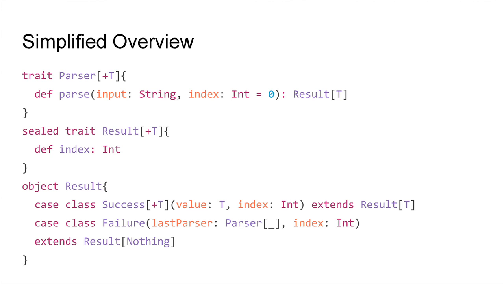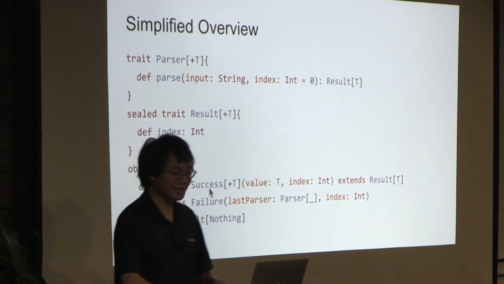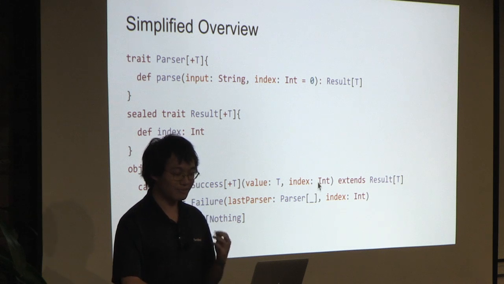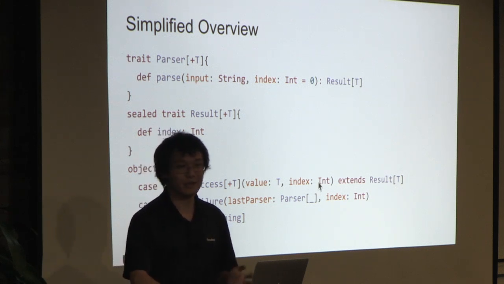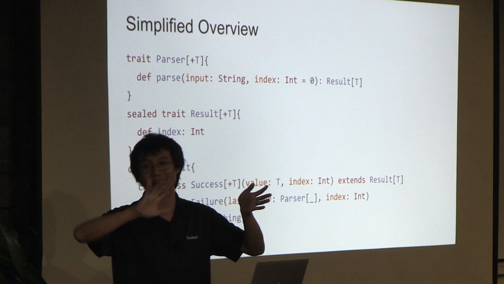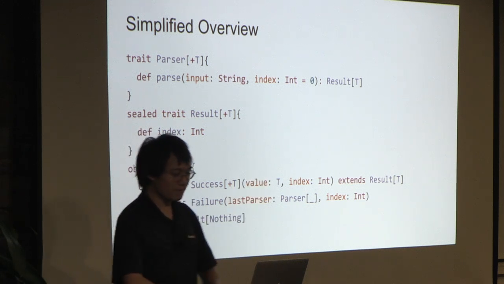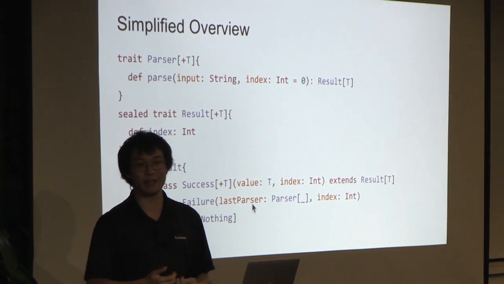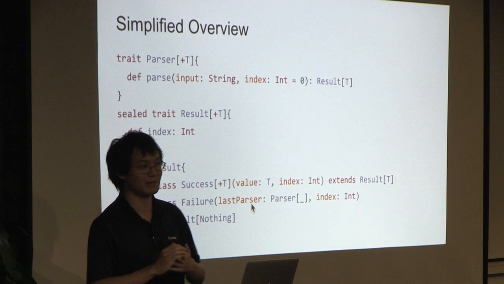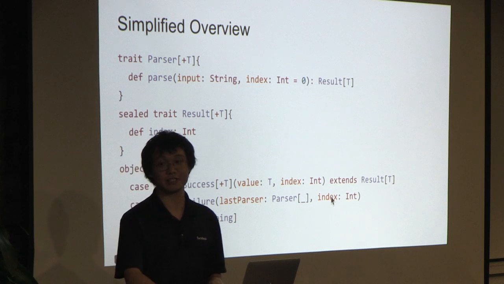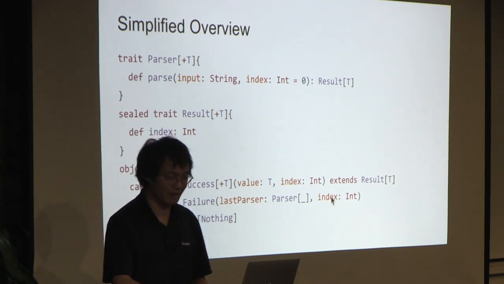It returns a result, which is either a successful parse with a value and the index at which it succeeded. You can do a partial parse. So for example, you can parse the first 20 characters of a string without having to go all the way. And it can return a failure, which tells you the last parser which failed. For example, maybe it failed to parse an expression. Maybe it failed to parse a close paren. And the index at which that last parser was tried and failed.